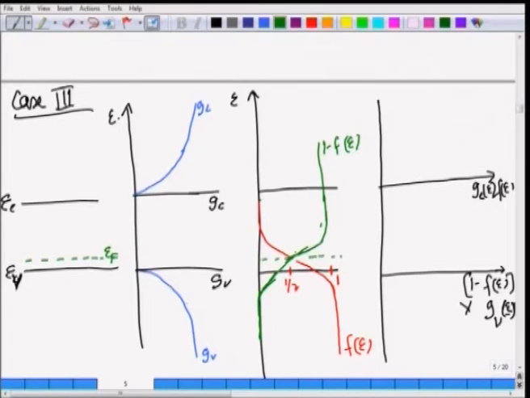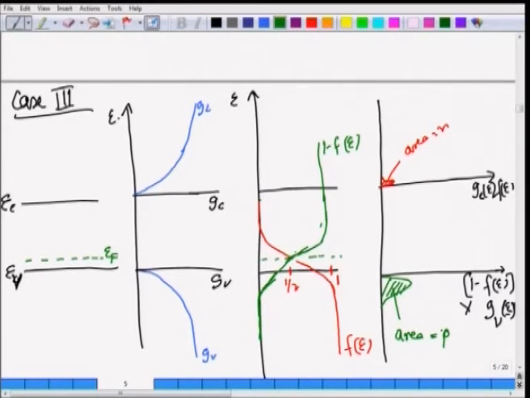Compared to case number 1, GV remains the same, but the green curve has moved down, so the 1 minus f of E value has increased. So, this area will become a little bloated, but the red one, because f of E has reduced by shifting down, will become very small, something like this. This area will be equal to N, and this area will be equal to P.